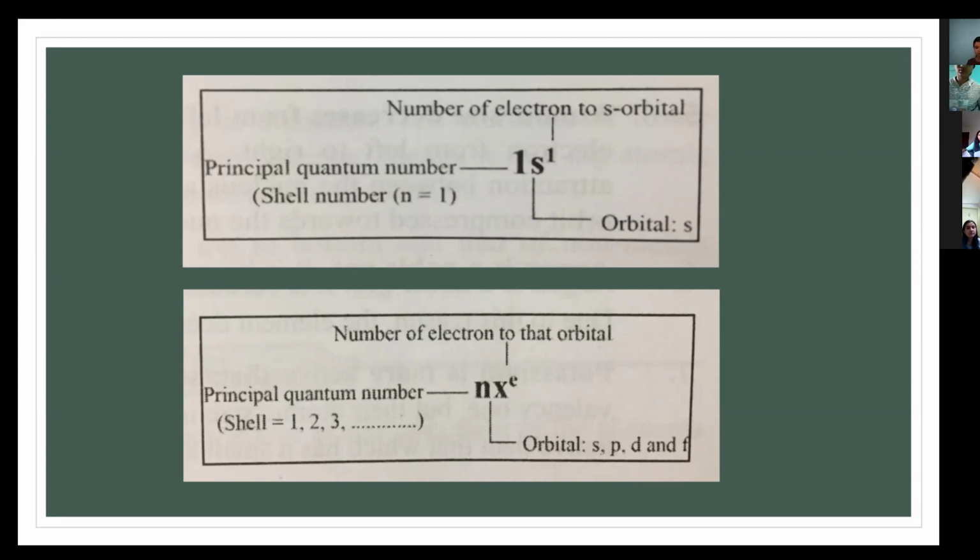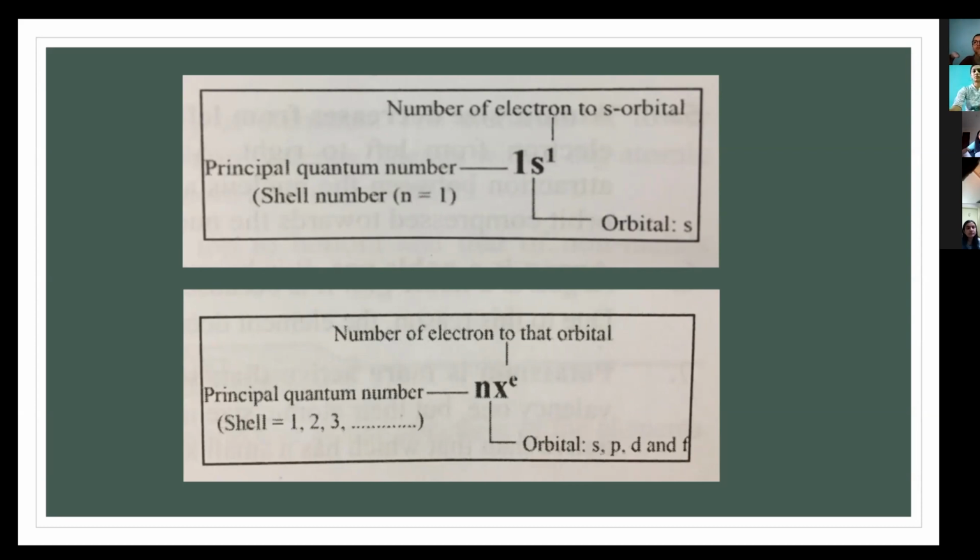This is the subcell configuration of the hydrogen atom, where s is the subcell, and the 1 in front of s is the number of the orbit, the first orbit of the hydrogen atom. And then s to the power 1, that 1 is the number of electrons. The hydrogen atomic number is 1, which means there is only one electron.